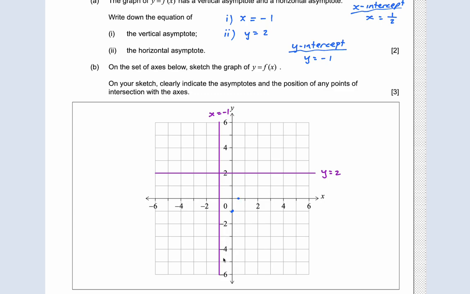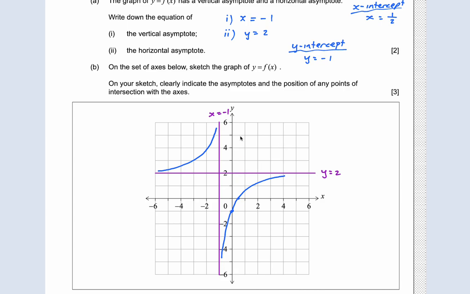So now I just need to draw a graph that approaches this, goes through this, and approaches this. And remember, it also exists over here, approaches this asymptote, and approaches this asymptote. Something like that. That's fine.